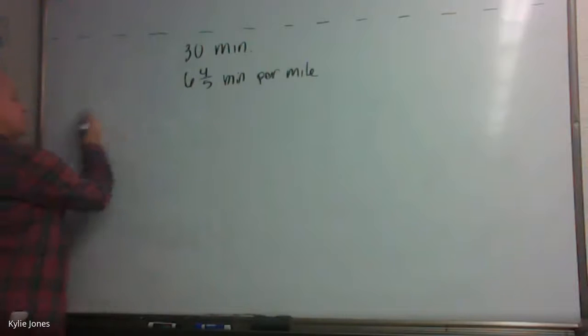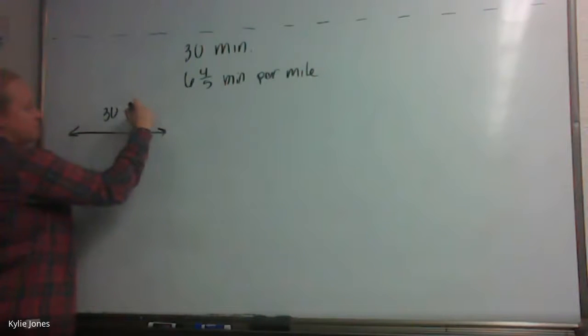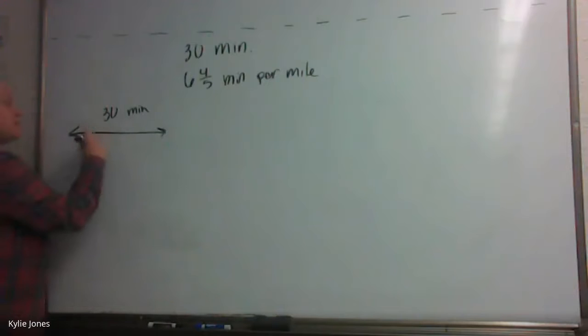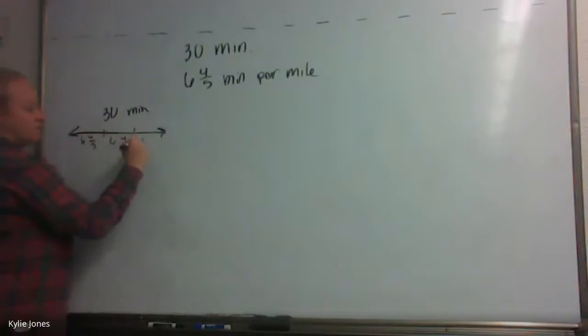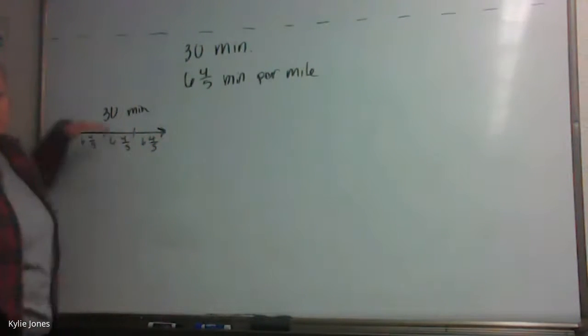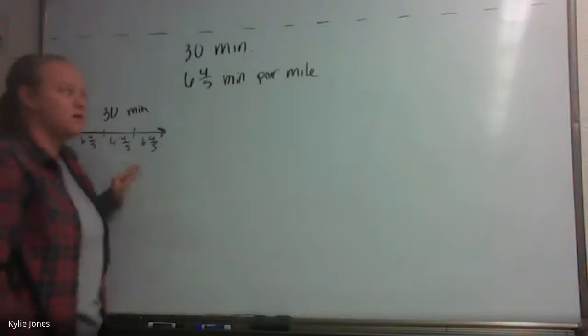Okay, so if we were to draw this out, let's say this is our full 30 minutes. This whole timeline is 30 minutes. We're going to split it into 6 4/5 sections to see how many miles he runs. So we're taking the 30 minutes and dividing it by the minutes it takes him to run a mile.